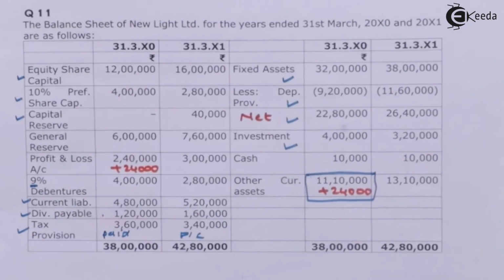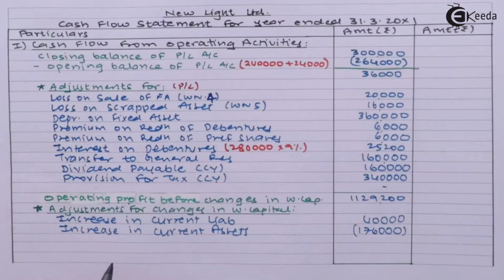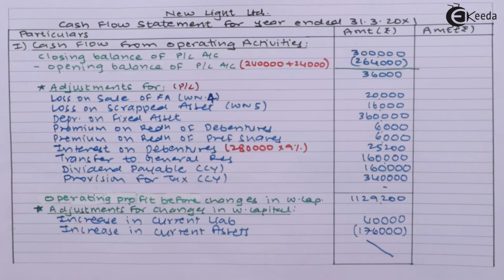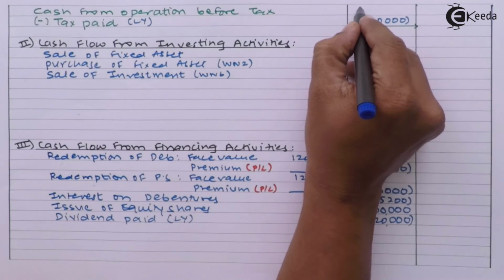Now it is time to close our cash flow statement. Our operating profit before changes in working capital has arrived at 11,29,200. Then I will find out cash from operations before tax after adjusting these two figures.